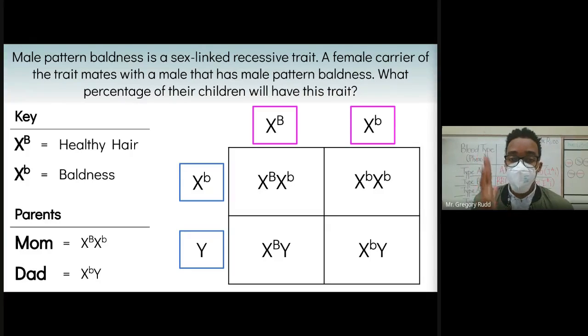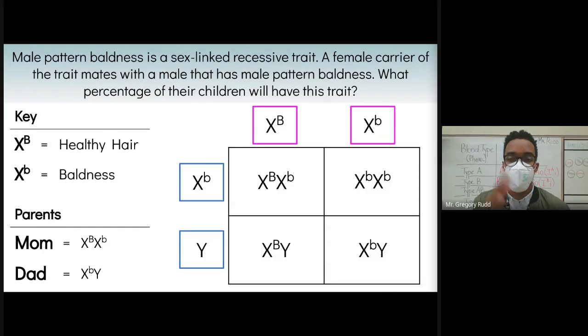So the 2 boxes on the right side of the Punnett Square, X lowercase b X lowercase b, and X lowercase b Y, those 2 people have male pattern baldness. One of them is a female and one of them is a male. The 2 on the left side, X capital B X lowercase b, that person is a carrier, so they don't actually have the trait.